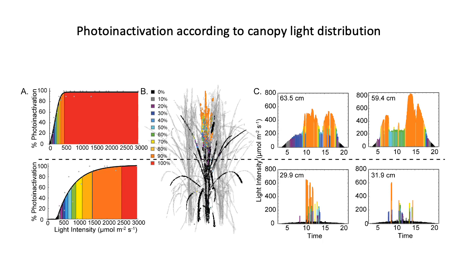On the left hand side of the slide, we see the percentage of the total leaf area that is photoinactivated against light intensity for the upper regions and the lower regions of the canopy. And it's quite notable that in the lower part of the canopy, a higher proportion of the canopy requires a higher light in order to photoinactivate PS2.